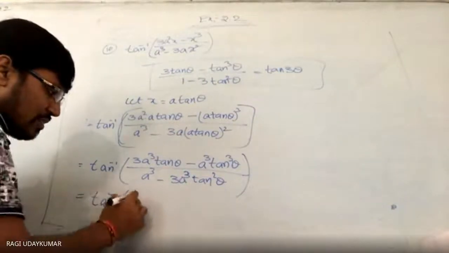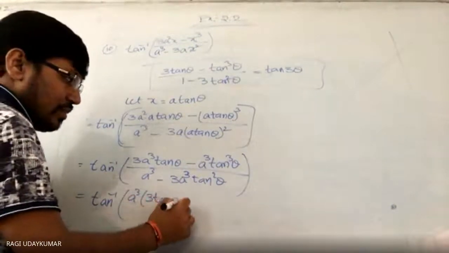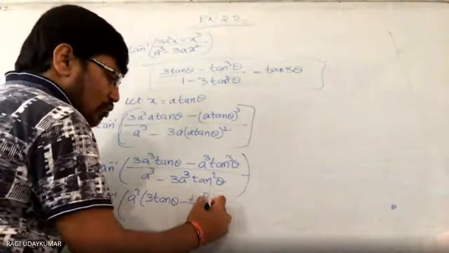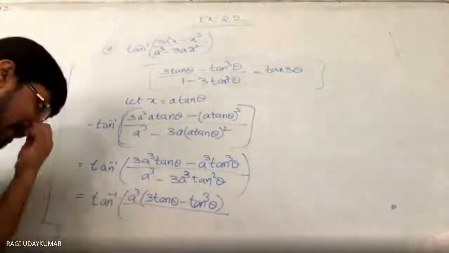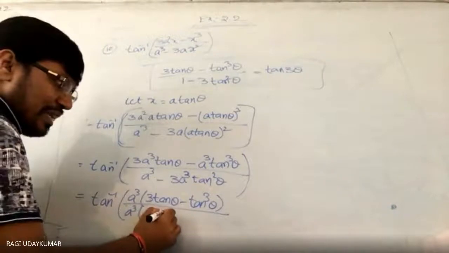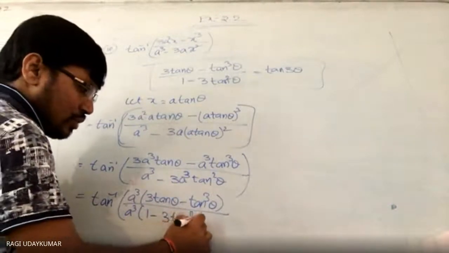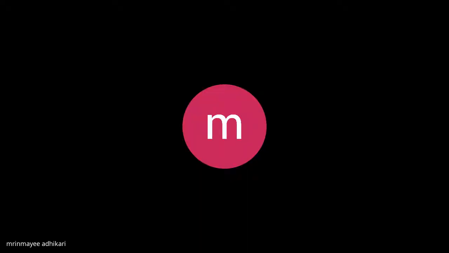So tan inverse of a cube times 3 tan theta minus tan cube theta in the numerator, by a cube times 1 minus 3 tan square theta in the denominator.